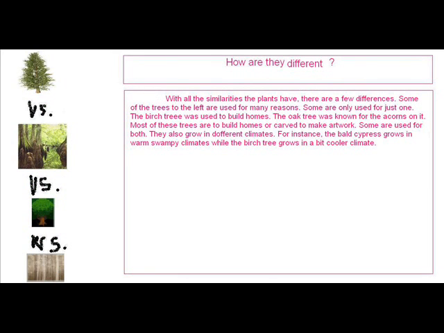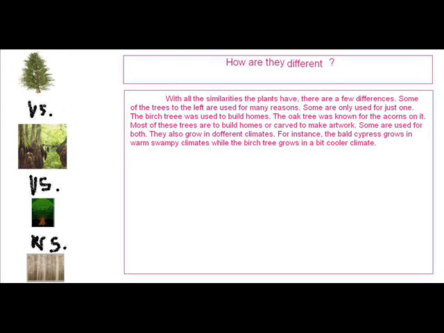With all the similarities the plants have, there are a few differences. Some of the trees shown at the left side of the page were used for many reasons. Some were only used for just one. The birch tree was used to build homes. The oak tree was known for the acorns on it.